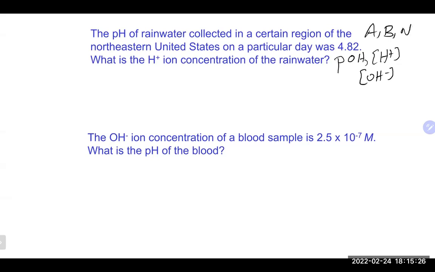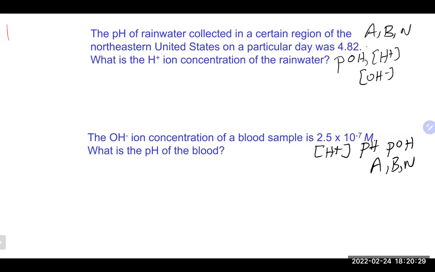For the bottom one, we have the OH minus concentration. Let's calculate the H plus, the pH, and the POH, and decide: is it acidic, basic, or neutral? Take a couple of minutes, play with your calculator, and make sure it's all working correctly.